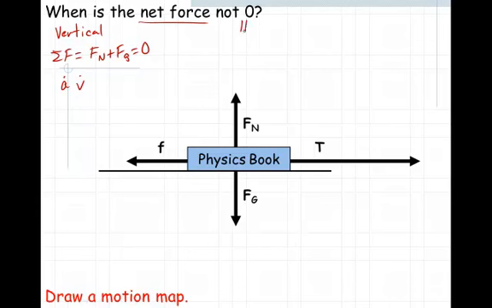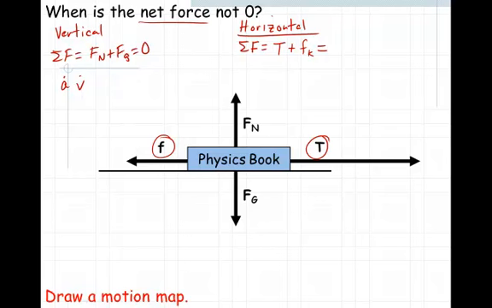In the horizontal, if we look at this situation, notice that the force of tension, if we assume a string is pulling it to the right, is a lot longer than this kinetic frictional force. So in the horizontal, adding up the forces, we would have the force of tension plus the kinetic frictional force, and that would not equal 0.